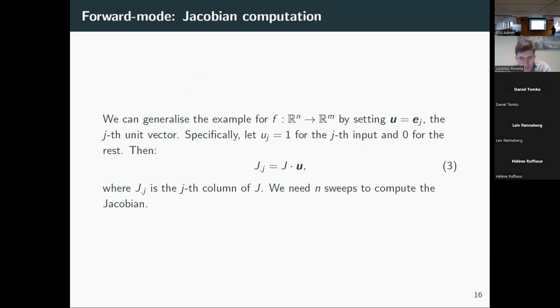So if you run forward mode AD one time, in a single pass, you evaluate one column of your Jacobian. If you want to evaluate the full Jacobian, then obviously you need as many sweeps as you have columns.